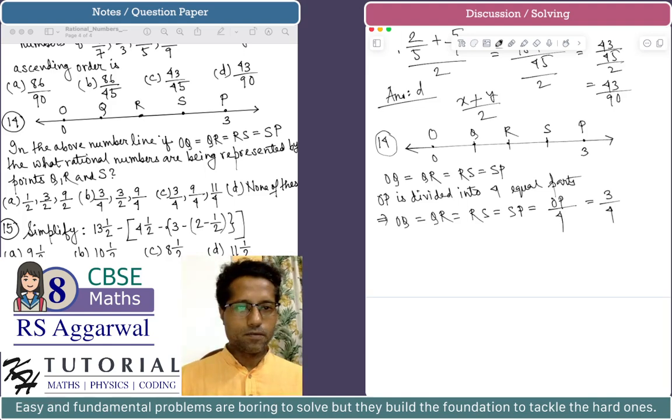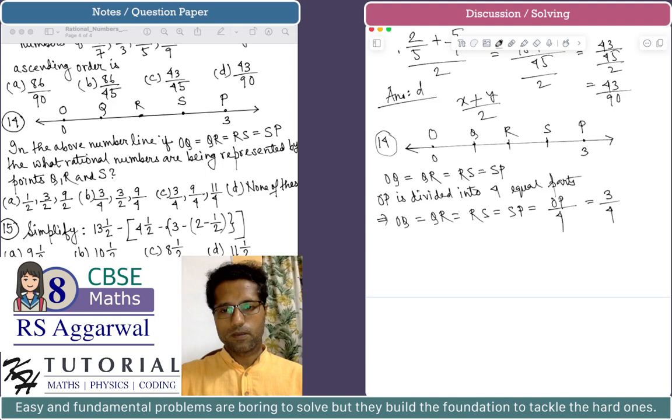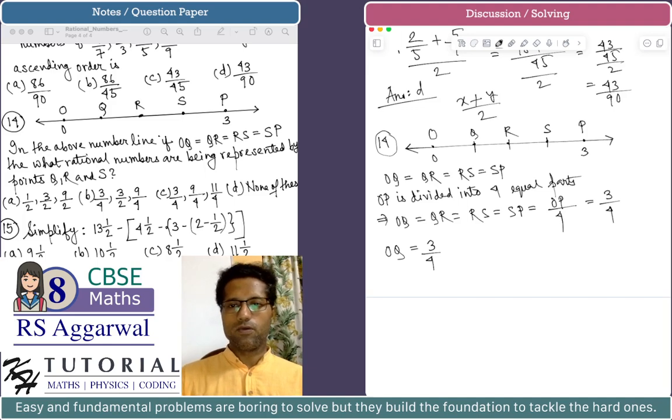Now what it is asking: in the above number line, what rational numbers are being represented by points Q, R and S? The rational number represented by point Q is nothing but the value of the distance between O and Q. Since OQ is 3 by 4, the point Q will represent the rational number 3 by 4.